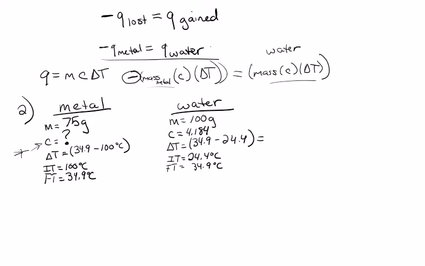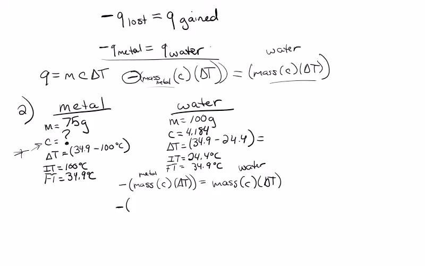All right, and so we're going to use the equation negative mass times C times ΔT, okay, and this is our metal over here, is equal to the positive mass times C times ΔT over here, and that is of the water. And we're going to plug and chug at this point.